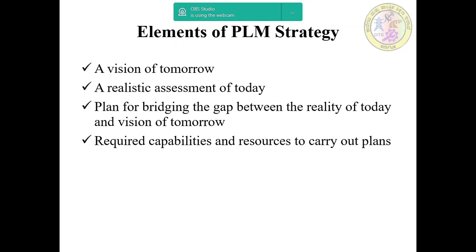Organizations need to have an assessment of their internal capabilities and a realistic view of what their competitors, customers, and governments are doing. If they do not have the resources and capabilities to carry out the plan, there is little possibility of their realizing their vision of the future. These are the four main elements of PLM strategy.